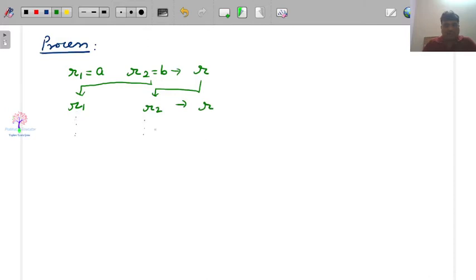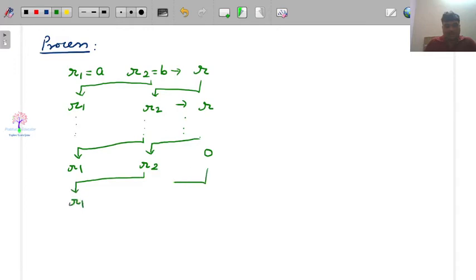Repeat this process, and while repeating, this becomes R1 and whatever you get here becomes R2, and at last you get 0. So again you write down this becomes R1 and it will become 0. When you get this, just stop. So at this point R1 will be the GCD.